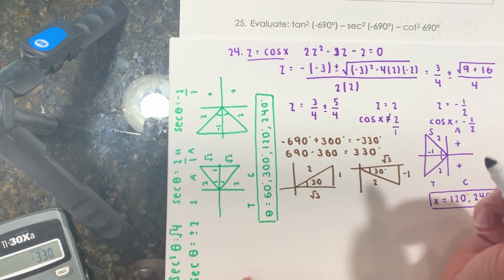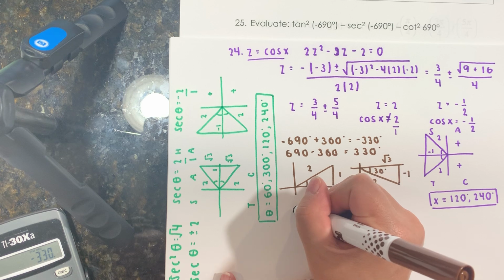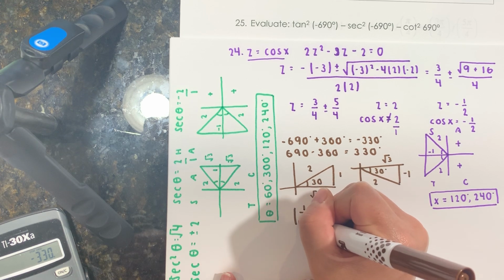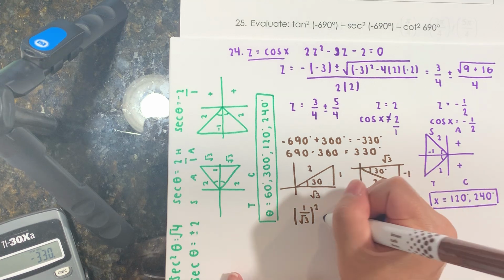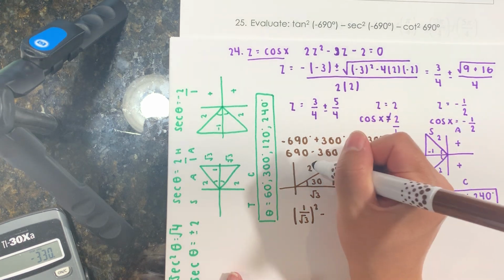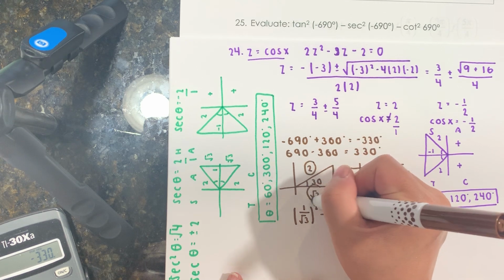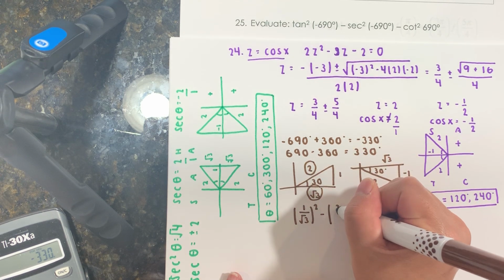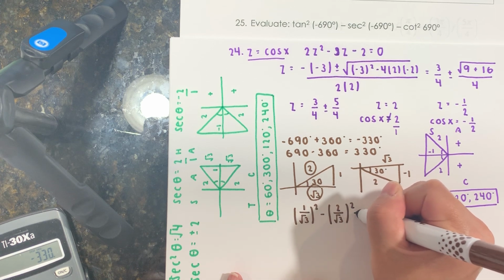So for the first one, tangent is opposite over adjacent, and that would give me 1 over the square root of 3, and I'd have to square that. Minus secant is the inverse of cosine, so that would be hypotenuse over adjacent. So that would be 2 over the square root of 3, and I'd square that as well.